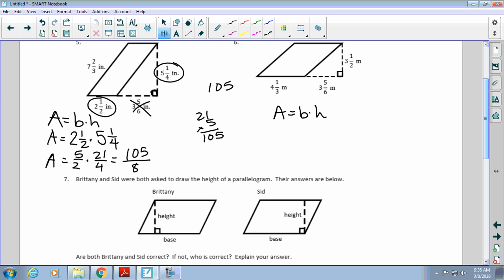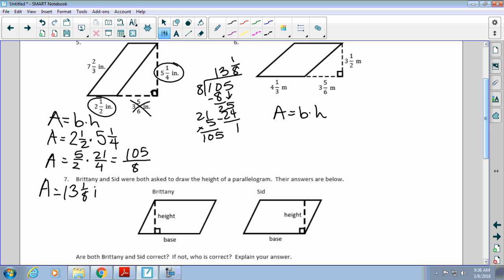So 105 divided by 8. 8 goes into 10 one time. That gives you 8. You subtract, you get 2. Bring down your 5. 8 goes into 25 three times, you're going to get 24 with a remainder of 1. We don't do remainders, we're going to put 1 over 8. So your answer is the area equals 13 1/8, and then the unit will be what?